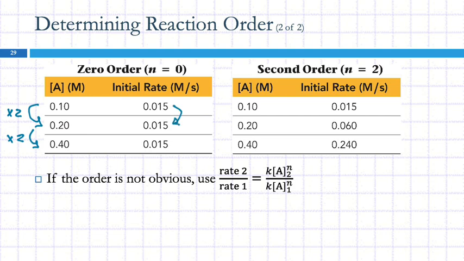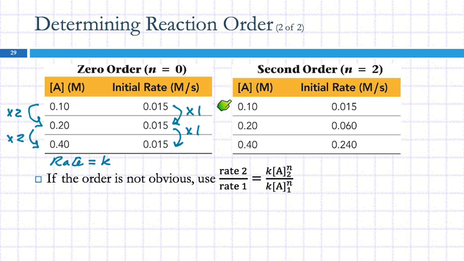It stays the same, right? It doesn't change. So that would be times 1, and this would be times 1. The rate isn't changing when the concentration does. Well, that's the zero order, right? The rate is equal to just a rate constant. Doesn't matter what the concentration is.